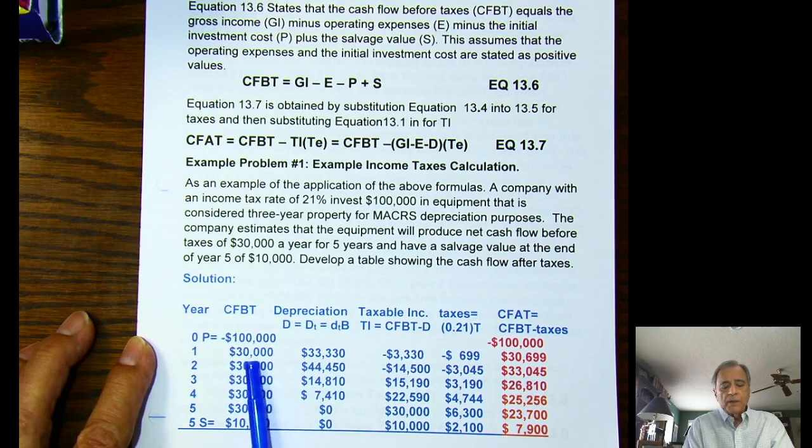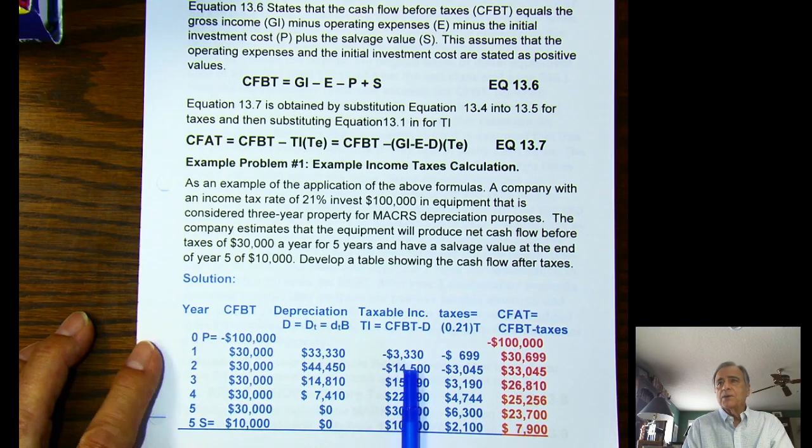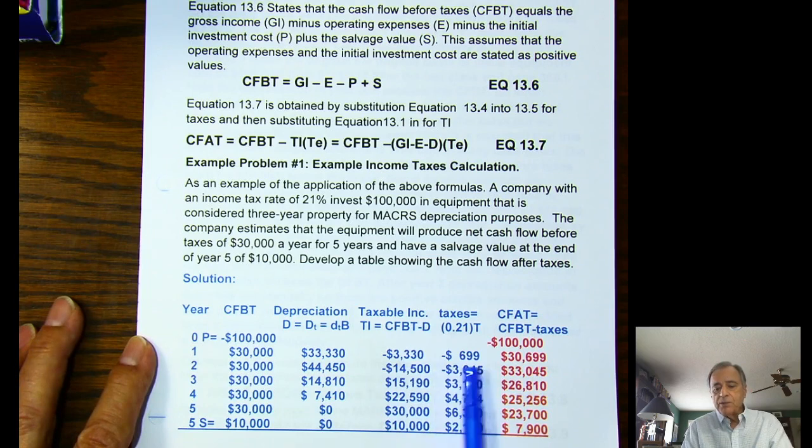So the year 1, I get from that table, I multiply 0.3333 times 100,000, and I get 33,330 as a depreciation charge from my net operating income. So my taxable income, turns out, when I subtract this from this, my taxable income is negative. Well, you really can't pay a negative tax, but I do put a negative tax here by multiplying this negative taxable income times 21% to give me minus $699.